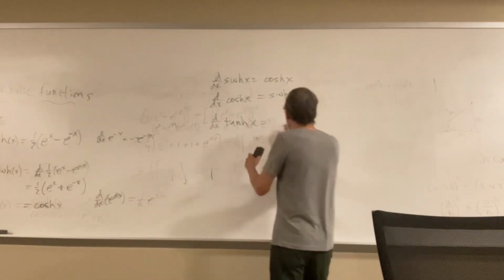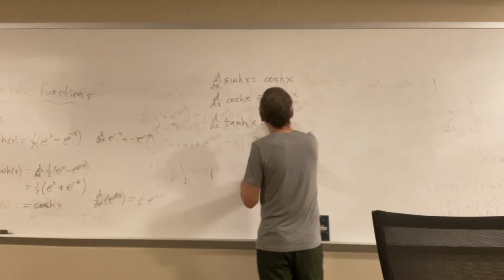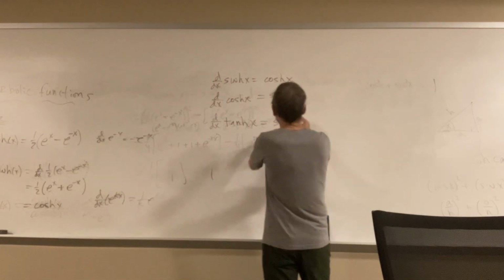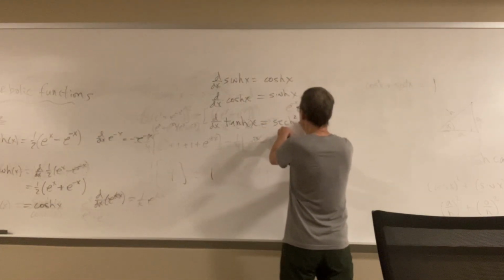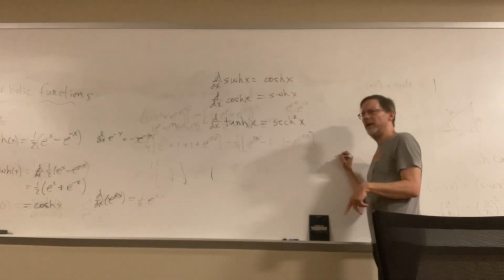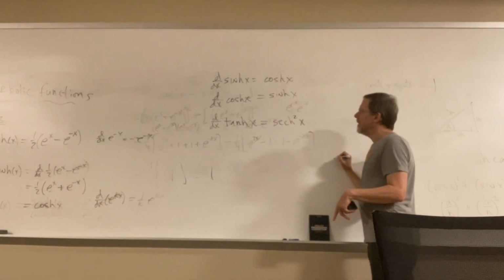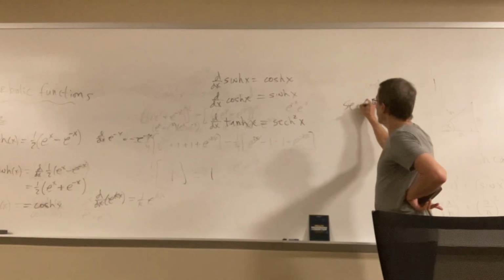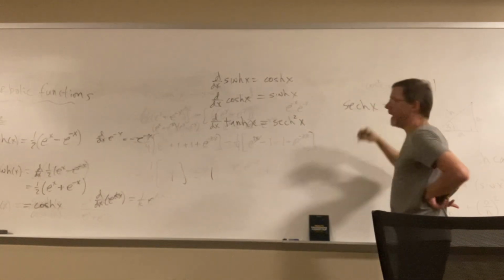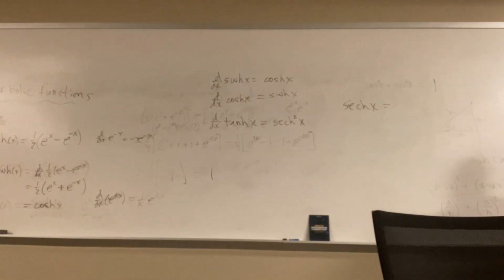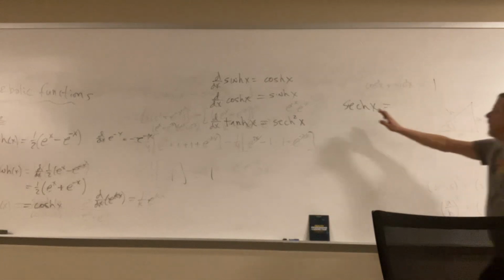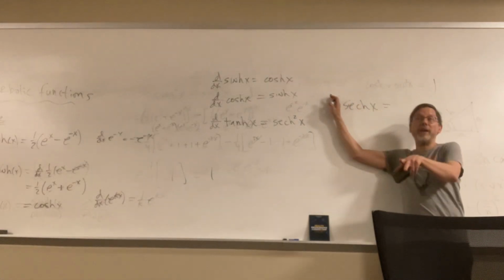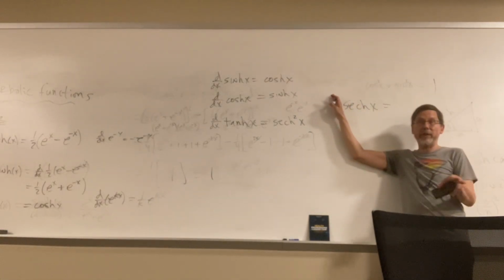So these things are showing up, and it's kind of cool looking, right? What do you think I mean by hyperbolic secant? Let's come over here for a minute. What is normal secant? How do you think about normal secant?